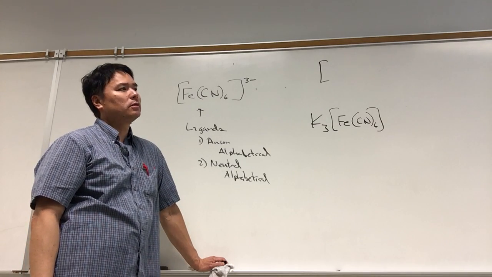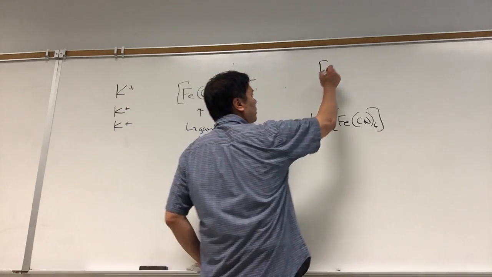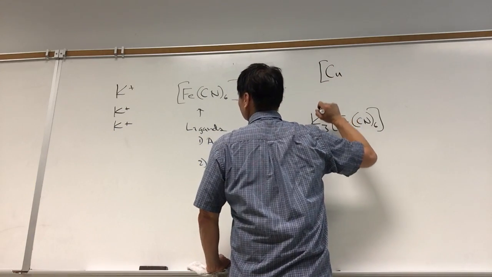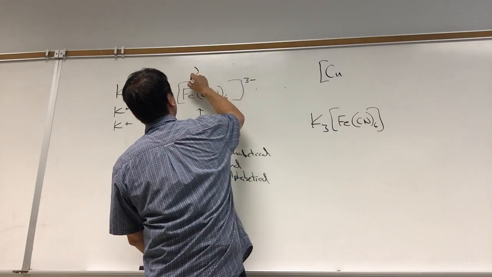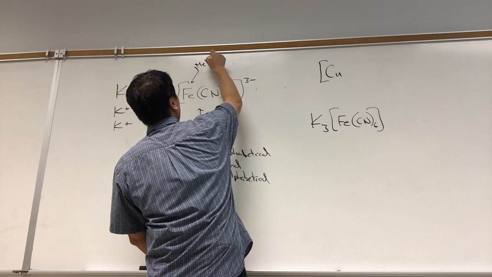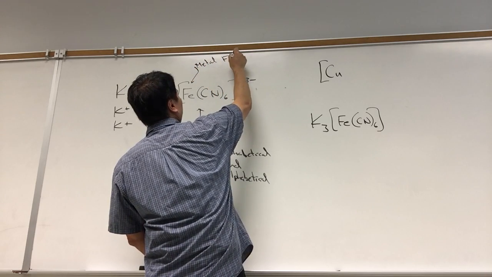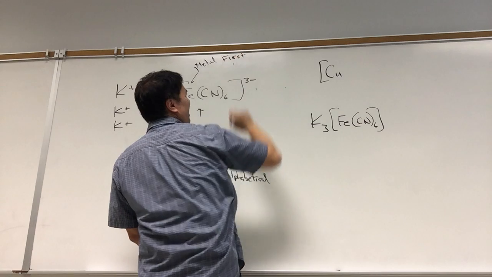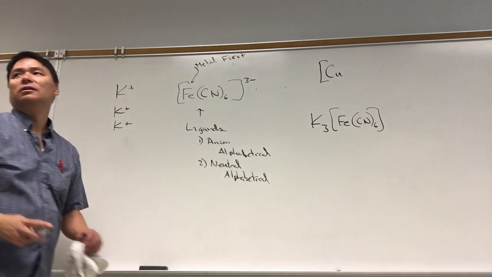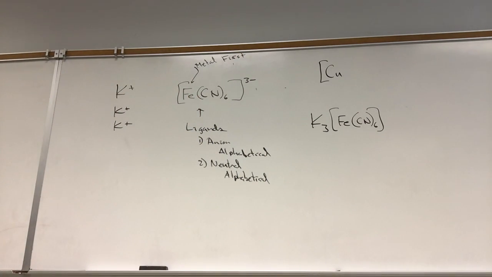What comes first? The copper. The metal comes first. In the formula, metal first. In the name, metal last. People get that confused all the time.